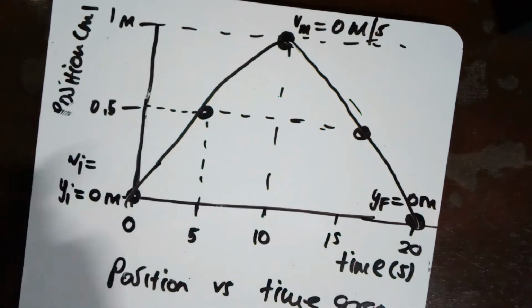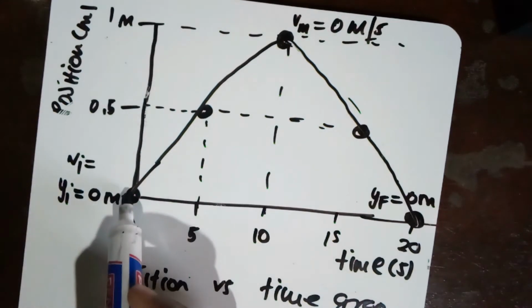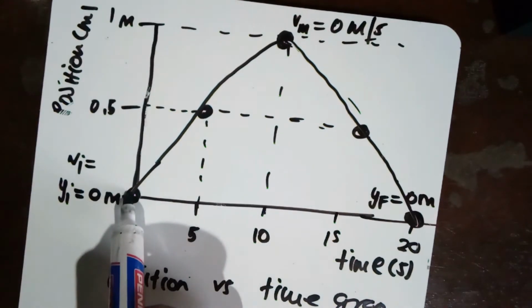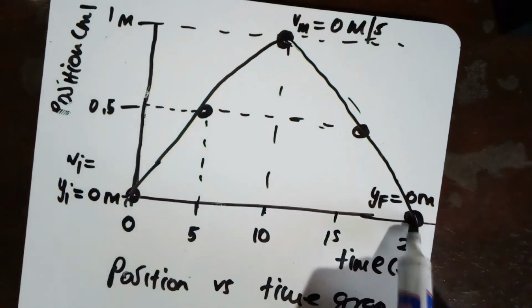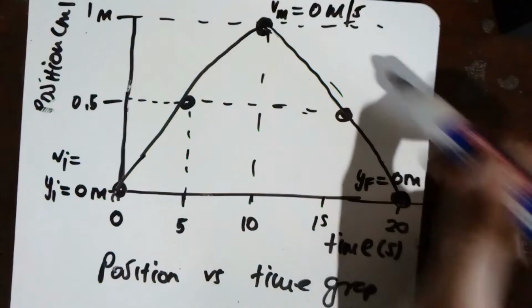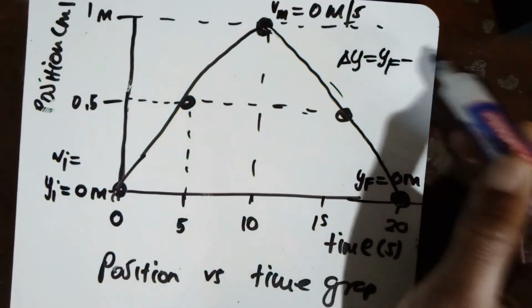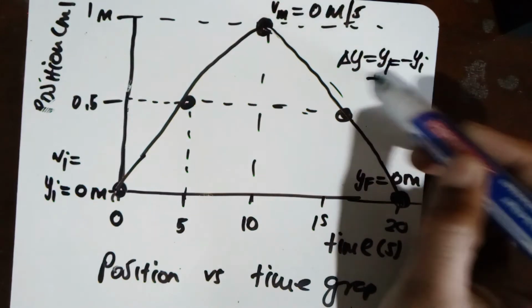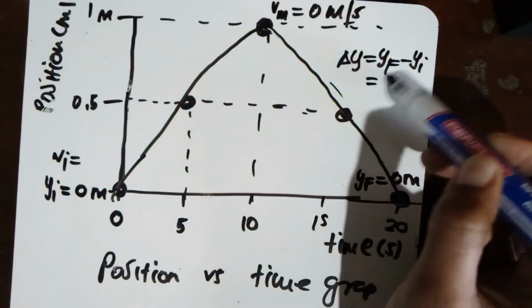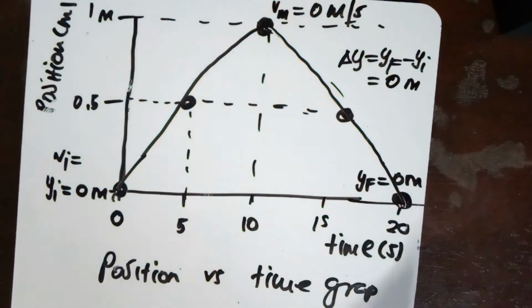What are you noticing? Your projectile was launched at 0 meters, and its final position is also 0 meters. That means the change in displacement, the change in y, would be yf minus yi, so that's 0 minus 0. The change in y is actually just 0 meters. There is no displacement.